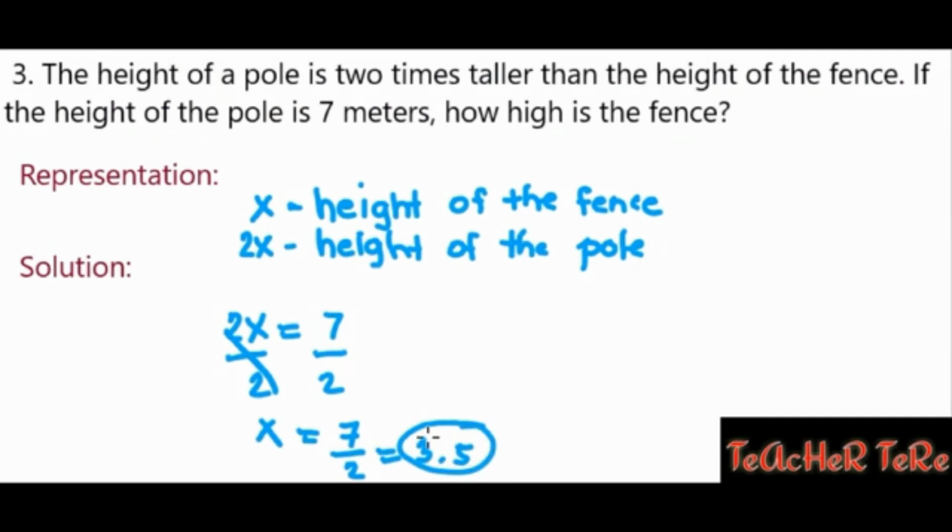The height of the fence is 3.5. Or simply, as a shortcut, since the height of the pole is 7 meters, you just have to divide this by 2 to get the height of the fence. If you want to check, 3.5 times 2 is the height of the pole, which is 7. So divide by 2, that's 3.5.